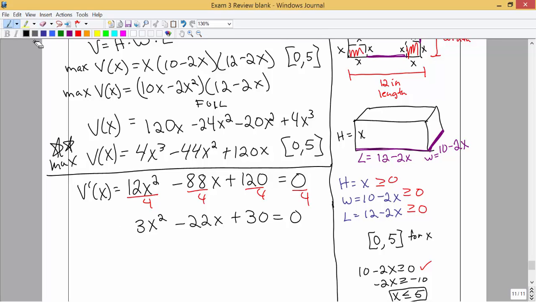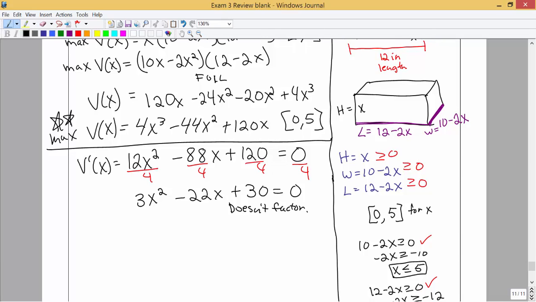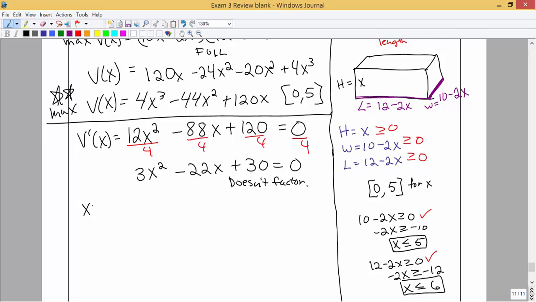Okay, so we're going to set this equal to 0 and solve for x. And this does not factor. And if something doesn't factor, then we'll have to use the quadratic formula. Okay, so we have x is equal to negative b plus or minus the square root of b squared minus 4 times a times c all over 2 times a. Okay, so let's simplify a little bit there.